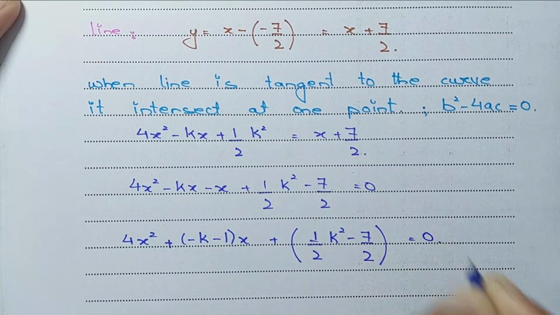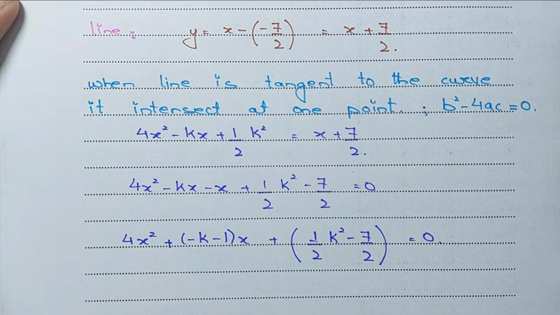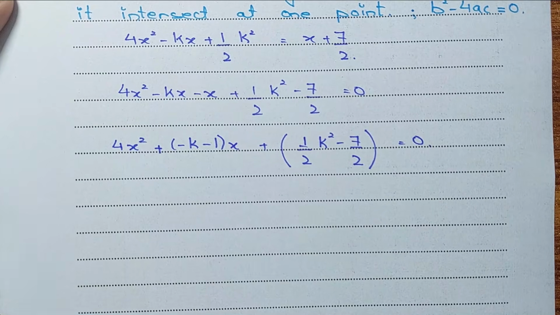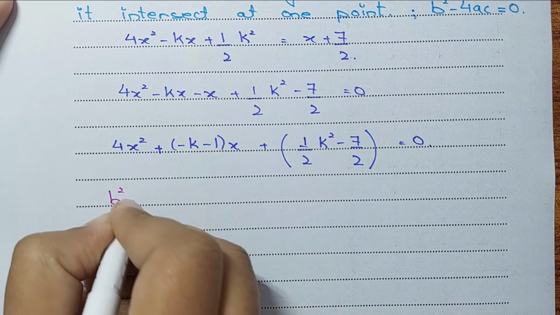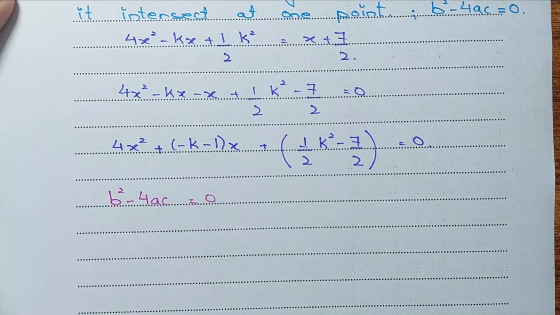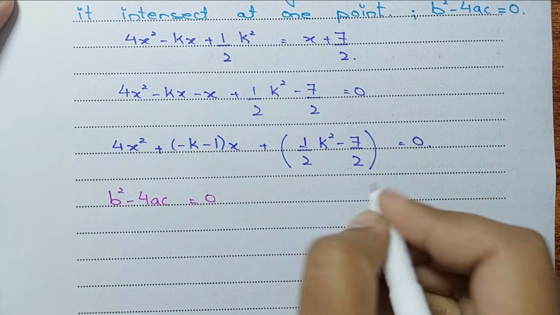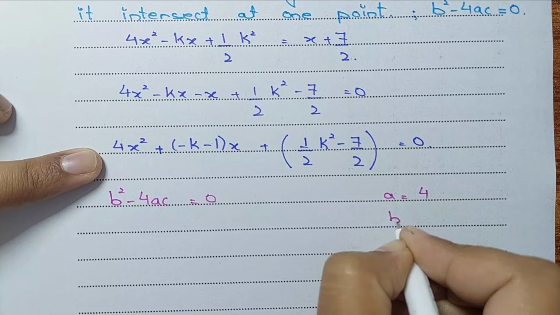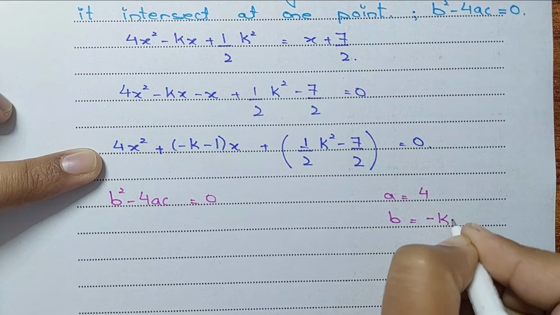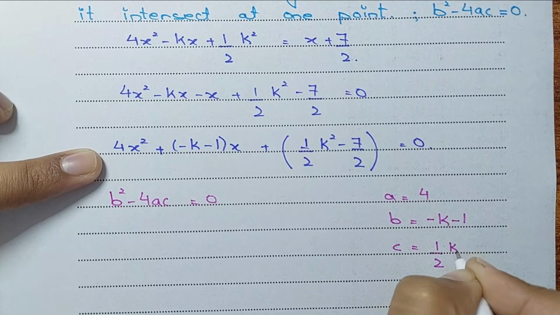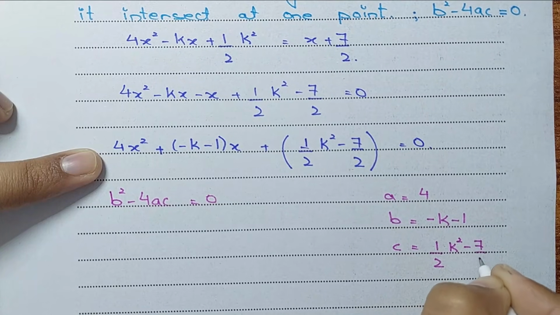Okay. Now, as we know that the line is tangent to the curve, they have one point of intersection, so their discriminant should be equal to 0. So b square minus 4ac should be equal to 0, and we need to figure out the values of k. What is a? A is the coefficient of x square, b is the coefficient of x, c is the constant term, half k square minus 7 by 2.